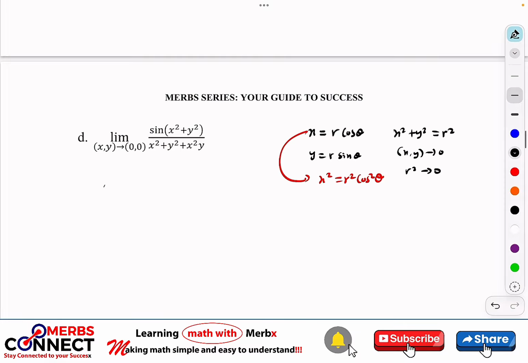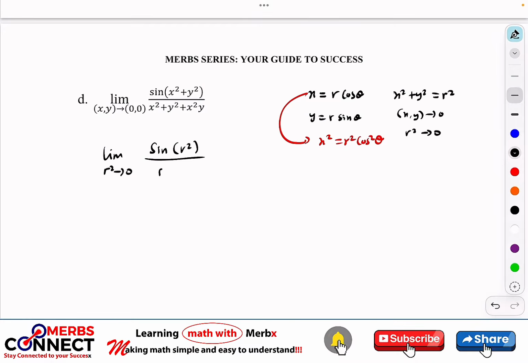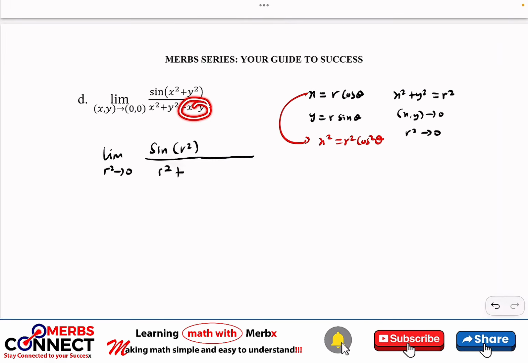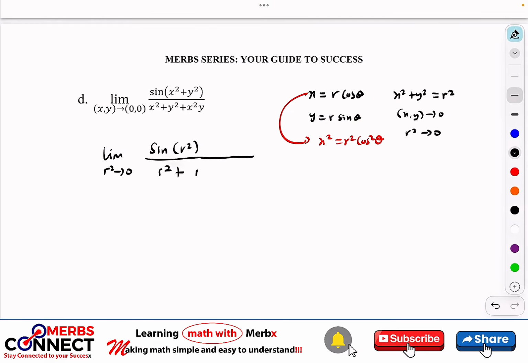So you are going to have the limit as r squared approaches 0 of sine of r squared divided by r squared plus, so this is going to be huge, r squared plus x squared here, which is this, times y, which is also this. So this is going to give us r squared cos squared theta times r sine theta.